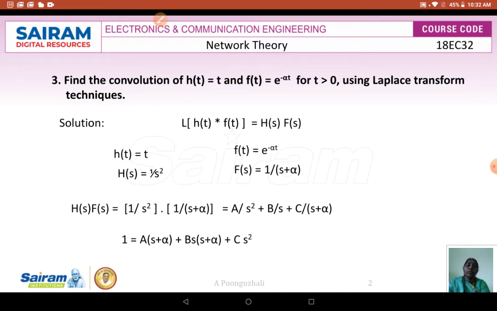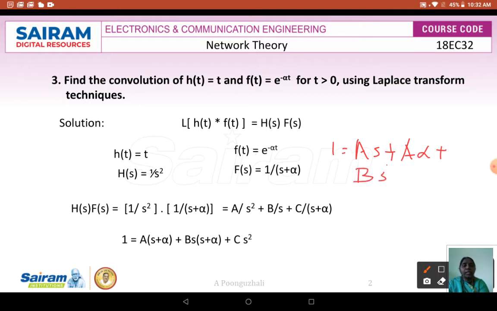Now if I group it, the expression is 1 is equal to as plus a alpha plus b s square plus b s alpha plus c s square. Now the constant term is 1 is equal to a alpha.